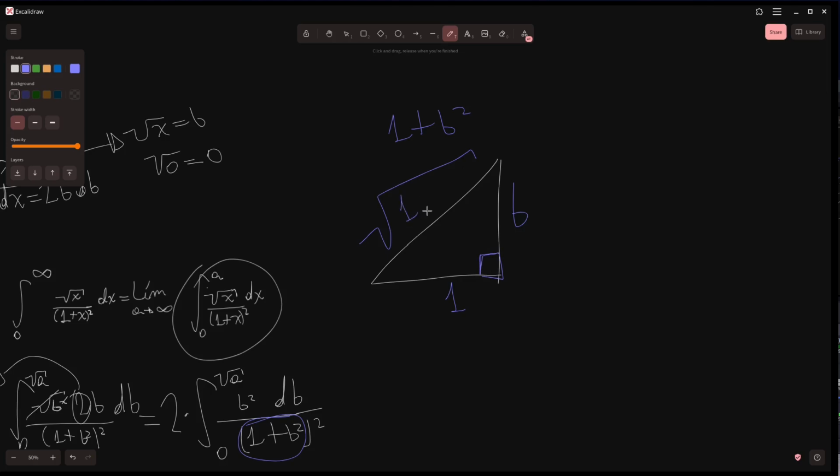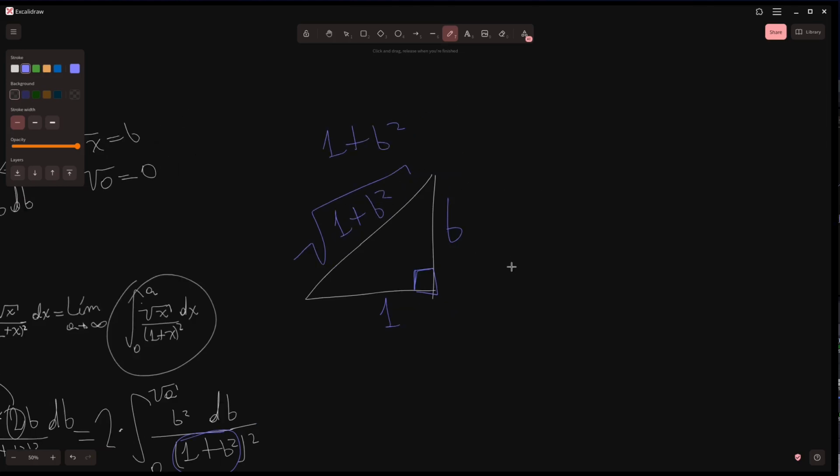So that should be the square root of 1 plus v squared, and we know that the tangent of the angle we are looking for should be this side over this side. So it should be v over 1, which is v, I'm sorry.